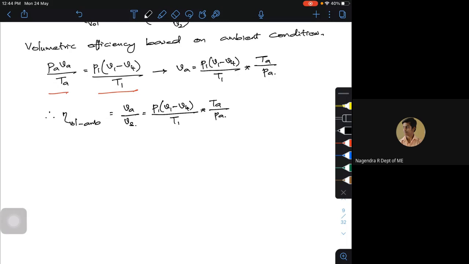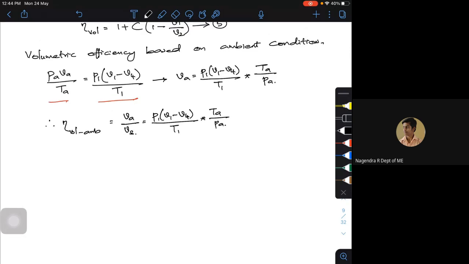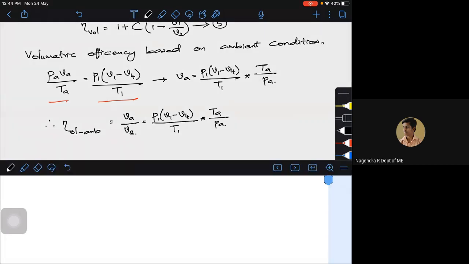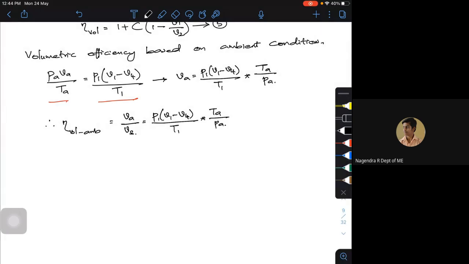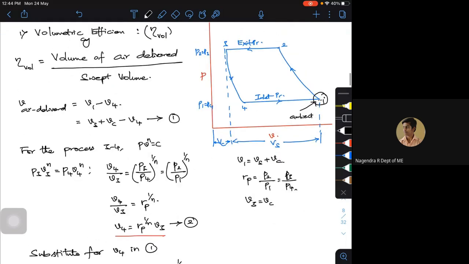Then what is your stroke volume, Vs? If I write in terms of Vs, I will end up with the expression for ambient condition: P1 into V1 minus V4 into TA divided by PA into T1. Now I need to write for Vs. Vs is equal to V1 minus Vc.